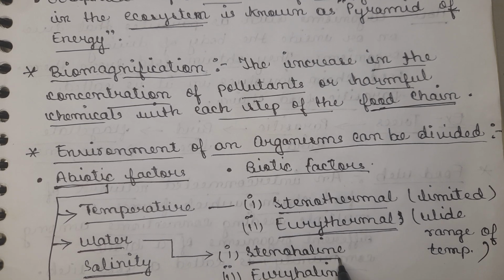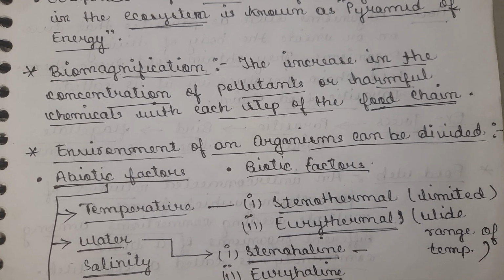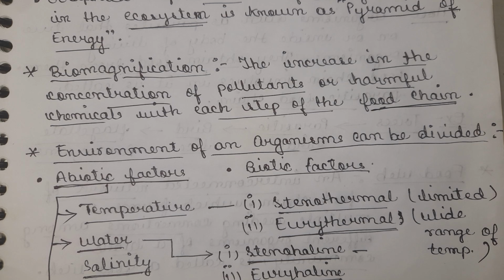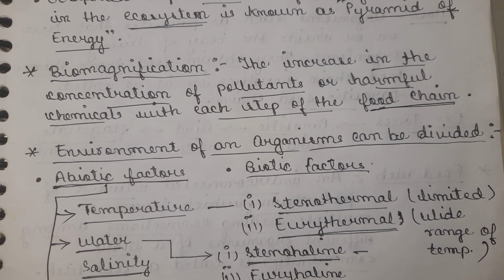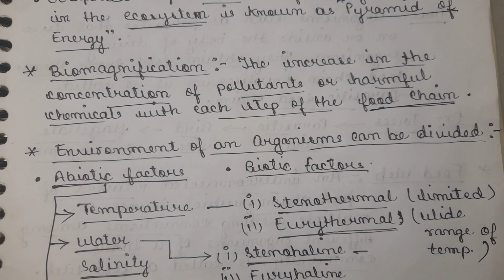These stenohaline organisms are restricted to a narrow range of salinity, and the euryhaline organisms have the capacity to tolerate a wider range of salinity. So like temperature, water also has two types of organisms: those that can tolerate a high amount of salinity, and those with a limited range of salinity.